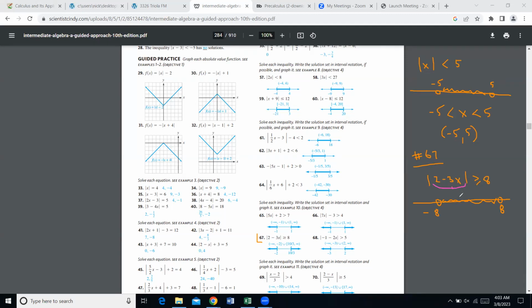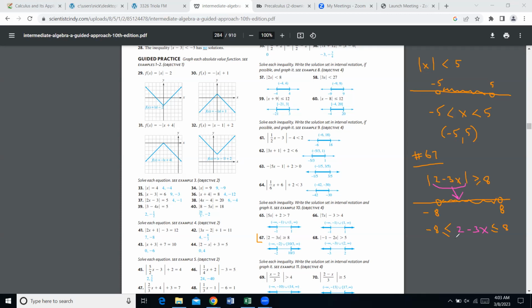So this portion, which is 2 minus 3x. So I have to now find what x is. So if I, in between minus 8 and plus 8, then we're going to need to little by little pull out our number x.